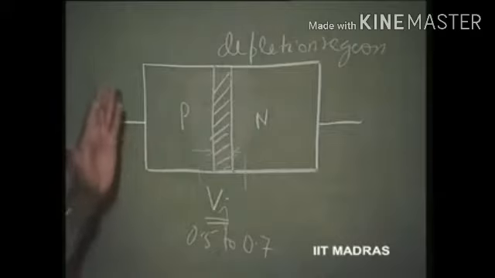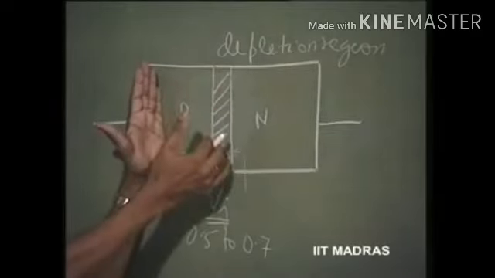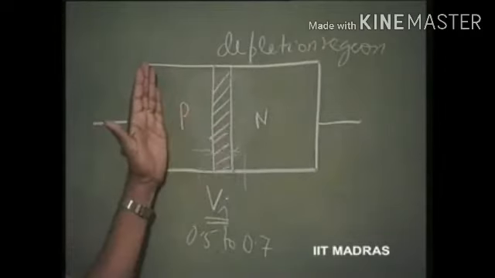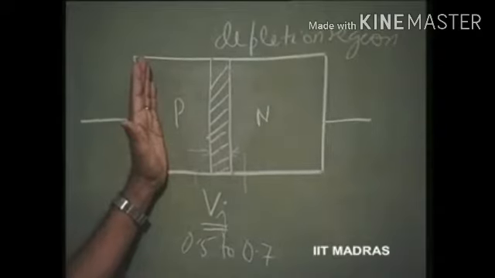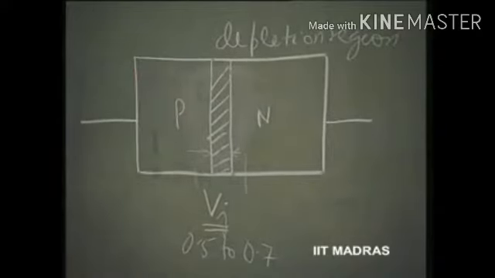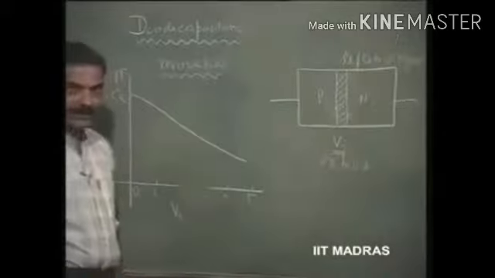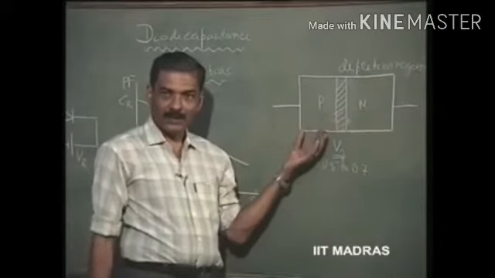Now, since it is a depletion region depleted of all carriers, we can consider this region as equivalent to two parallel plates within which we have sandwiched an insulator. No carriers exist, so it is an insulator. So, it is equivalent to a capacitance. When it is reverse biased particularly, we know that current is not flowing at all.